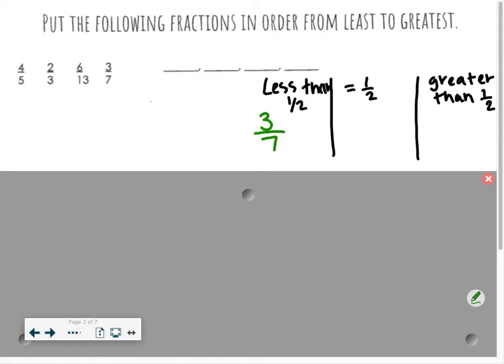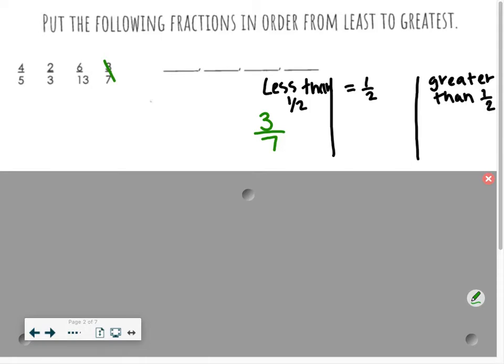Okay, it's also least to greatest, by the way. Okay? So I kind of have this one slightly ordered. How about 6/13? Is that going to be less than 1/2 or greater than 1/2? Alex, what do you think? Greater?